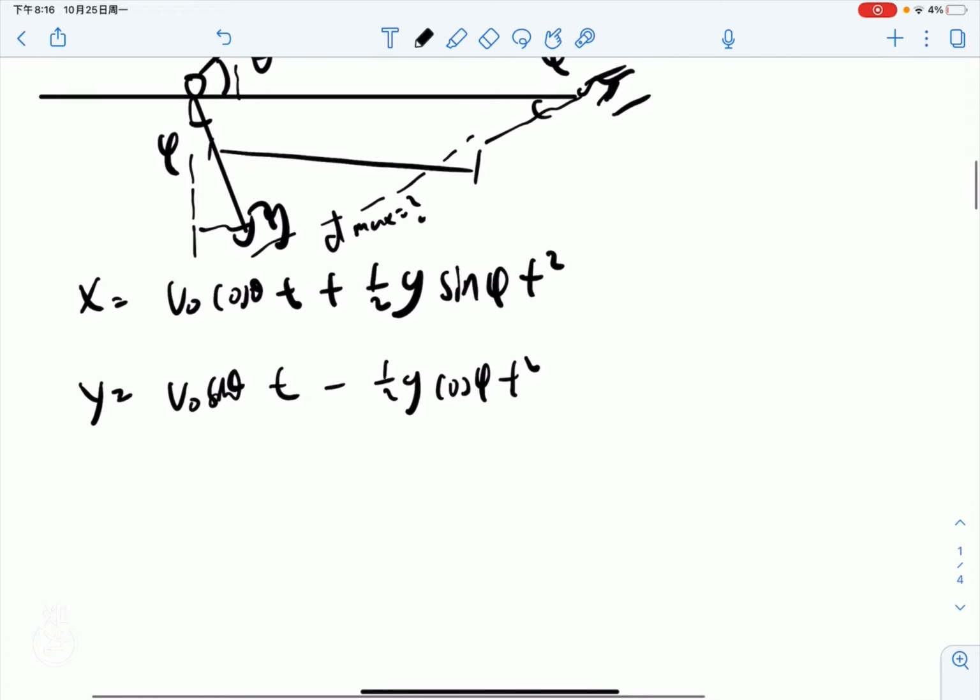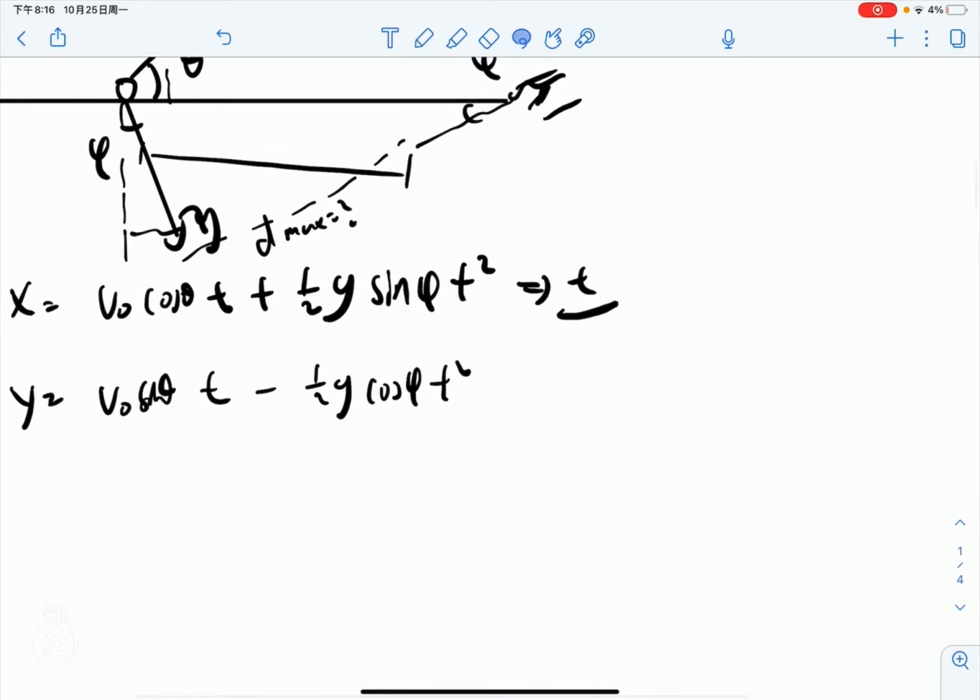So basically you can solve for the function of t over here. Let me solve it. This one is 0 if you move it to that side.